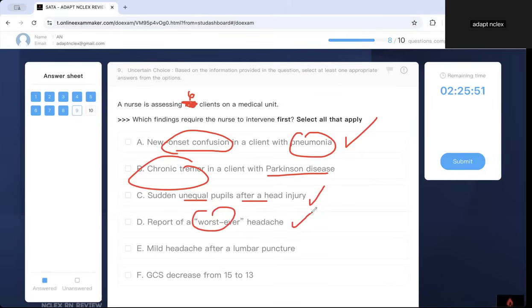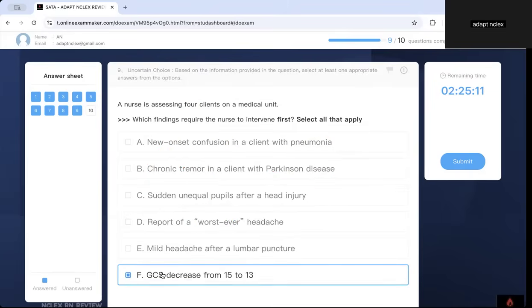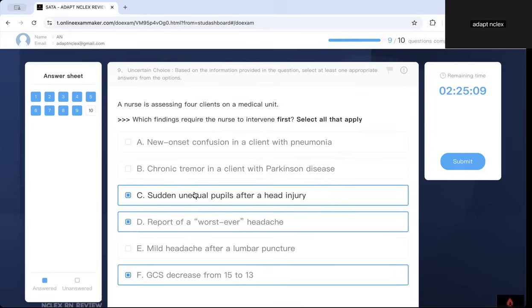If you do a lumbar puncture, you're supposed to get a headache. If you don't get a headache, something is wrong. If you have a mild headache, good luck with that. GCS should go up, should not decrease. So if you went from 15 to 13, you're having a problem. These are samples to help you understand select or apply, so that when you see it, you don't panic.